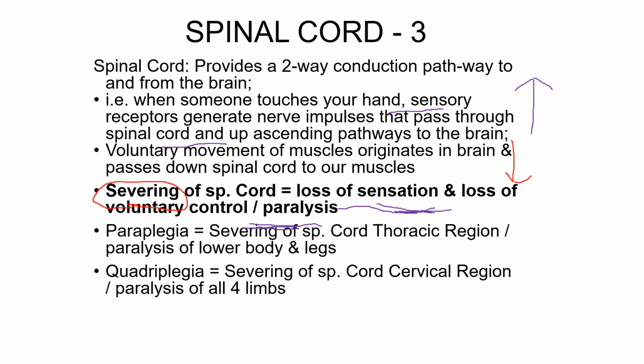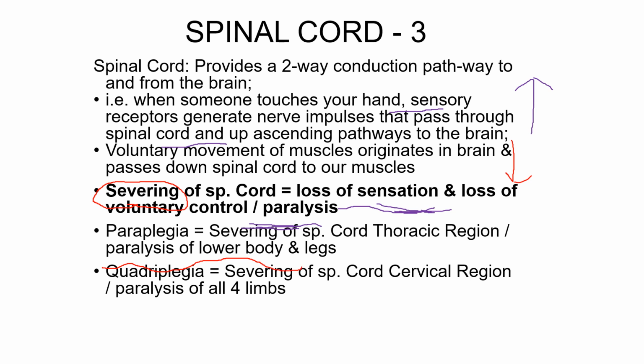So, for example, if we were to cut the spinal cord at the belly button, say that you're in a really, really bad car accident, just very, very traumatic motorcycle or some type of motor vehicle accident, and the spinal cord is actually cut in half at the belly button. What would happen is from the belly button down, you would be paralyzed and you would not have feeling in your legs and hip area.